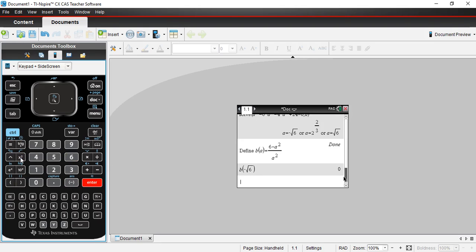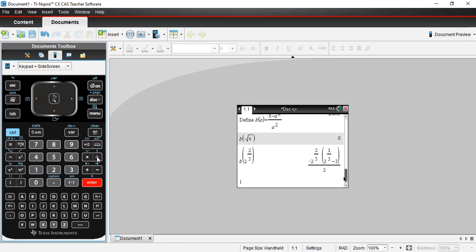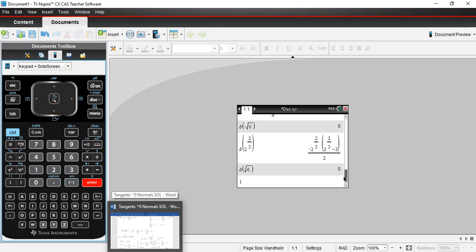So you got that. The second one is root 6. Oh, let's go with 2 to the power of 2/3. Wow, isn't that lovely? And the last one is square root of 6. Okay, so that's it for the last question.